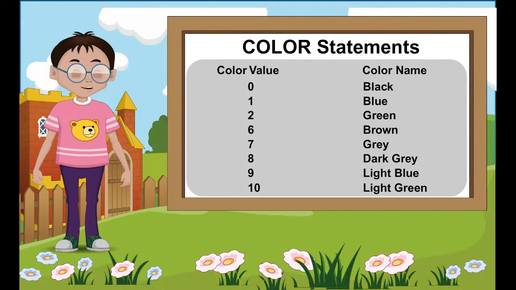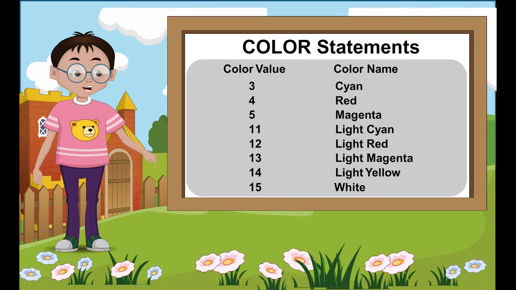Color value, color name: 0, black; 1, blue; 2, green; 3, cyan; 4, red; 5, magenta; 6, brown; 7, gray; 8, dark gray; 9, light blue; 10, light green; 11, light cyan; 12, light red; 13, light magenta; 14, light yellow.